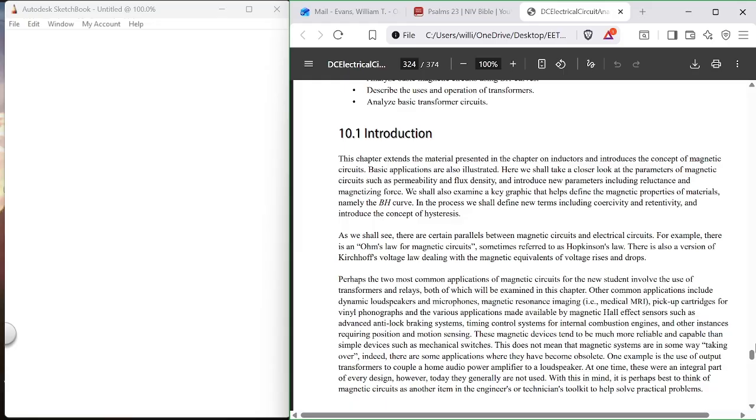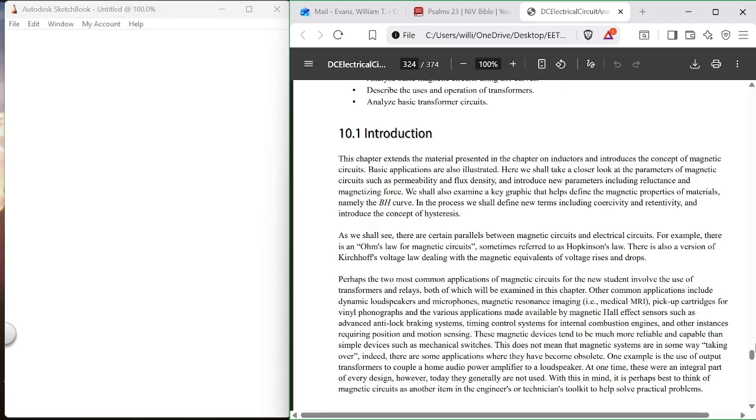I think it's 8 through 14. So here's some more pages if you missed. Does everybody have 8 through 14?